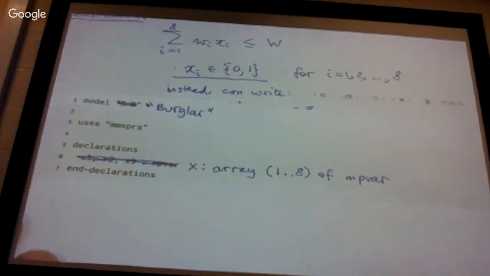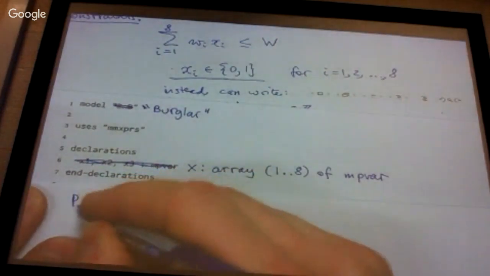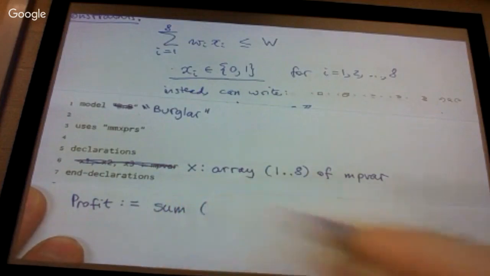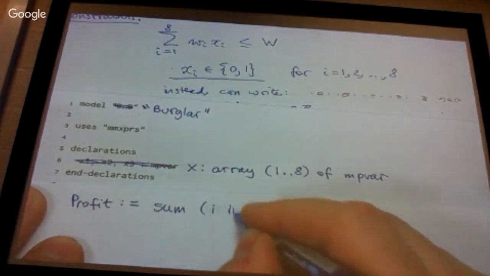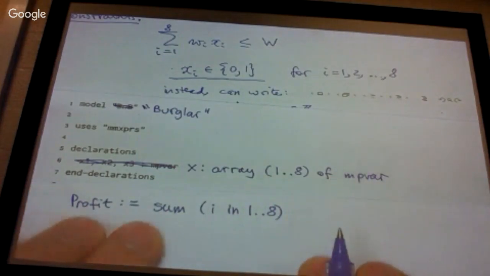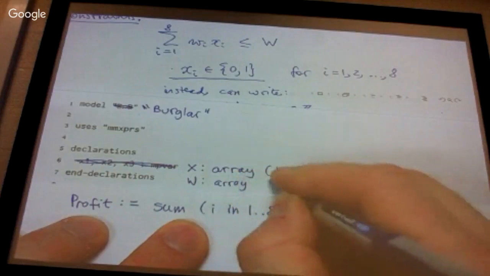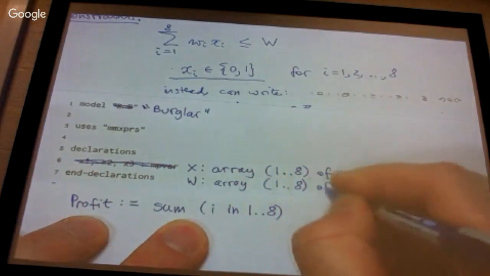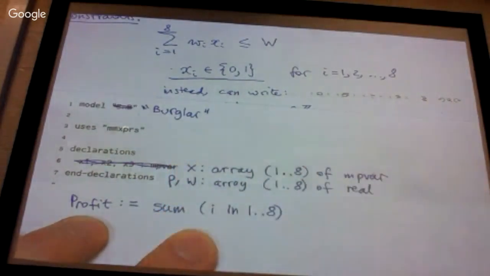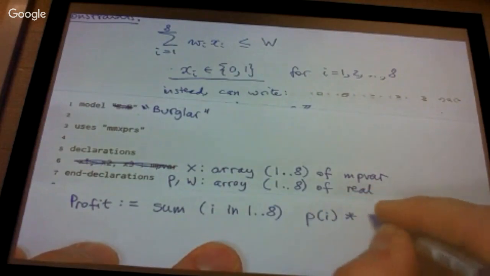And you want a profit or whatever. That's the usual thing. So you want the sum over I in 1 to 8 of, oh, I didn't say what the W's were. So you also have to say that you have W in an array, and P. So what you want is Pi times Xi.